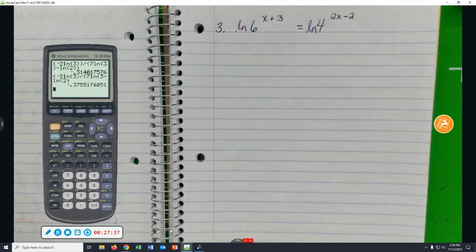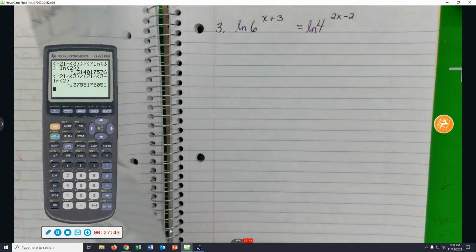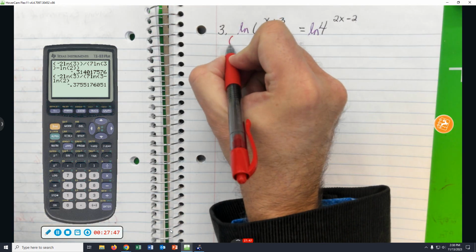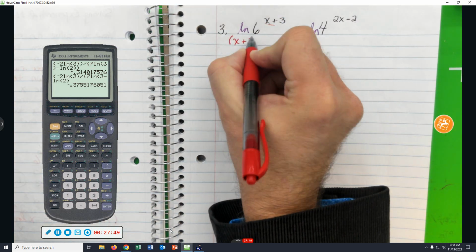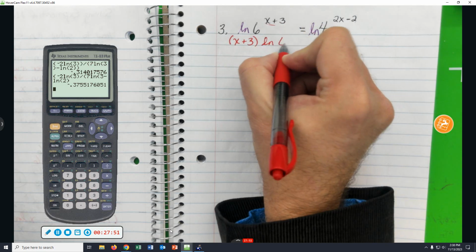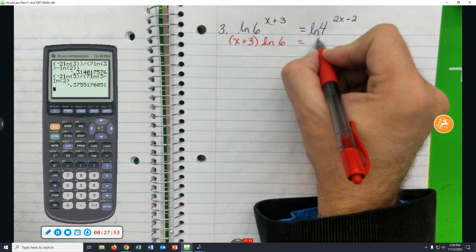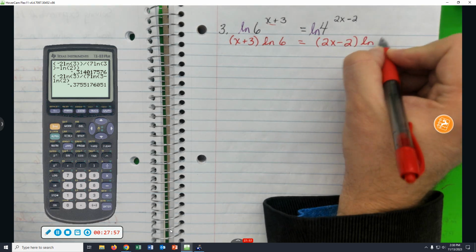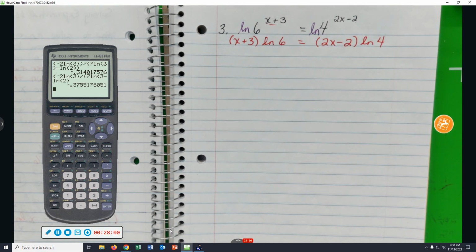I'm going to carry down the exponent. The x plus 3 goes in front. So you write it like this. x plus 3 ln 6 equals 2x minus 2 ln 4.